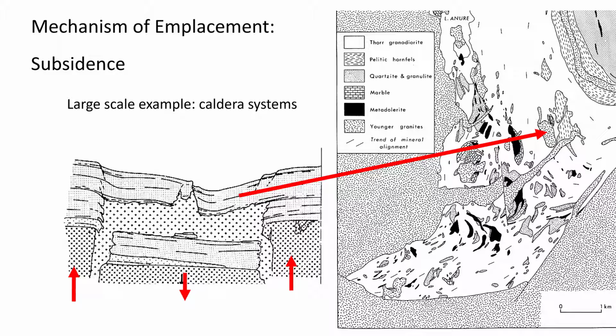In this case here, we actually see sections of the overlying country rock falling down into the pluton. This can be a result of faulting. A large-scale example are caldera systems, and you'll learn more about caldera systems in the chapter posted on OnQ. And this is a similar use of the term subsidence as you would find in a mining context, which you will learn about in other courses.